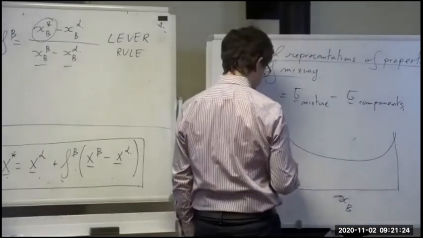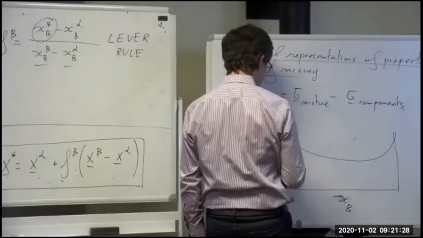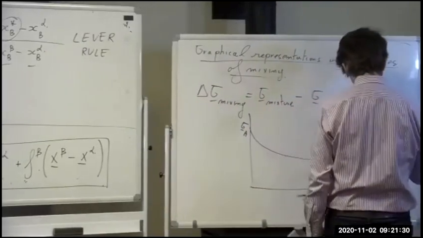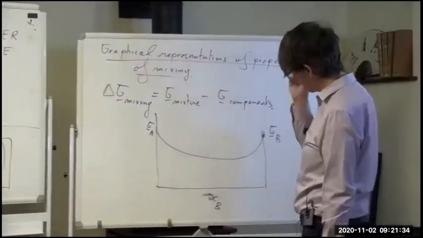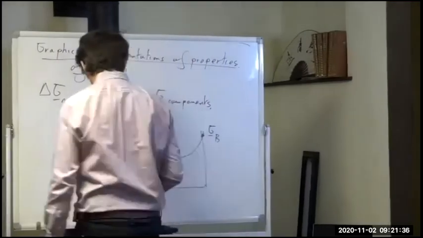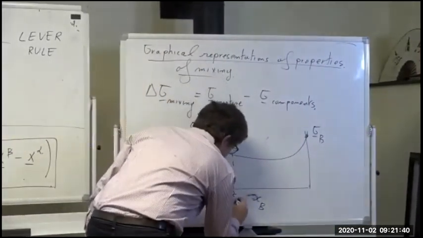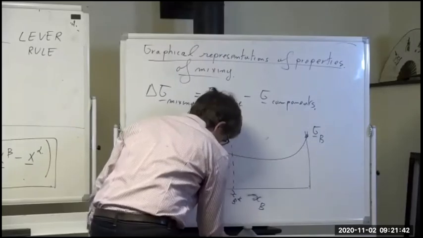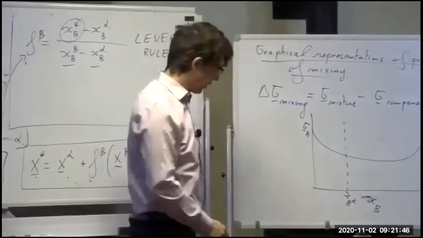Here I have pure A. This is the free energy of pure A. This is the free energy of pure B. If I'm at some given composition, let me call that XB star, that's the composition at which I want to mix. What is the free energy of mixing?